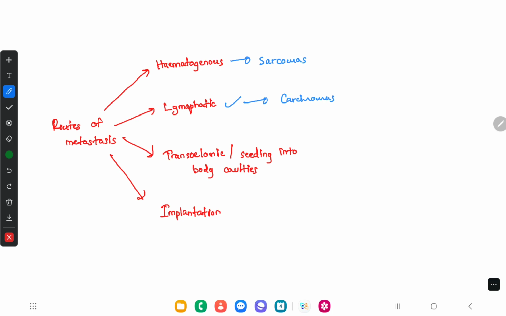Lymphatic drainage of the tumors occurs through the natural pathways of local lymph drainage. As an example, lung carcinomas, which arise in the respiratory passage, first metastasize into regional bronchial lymph nodes.